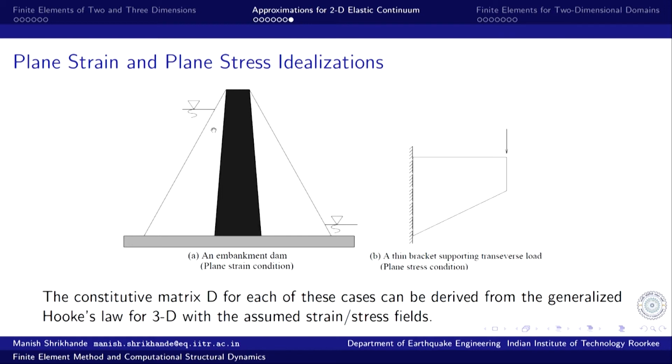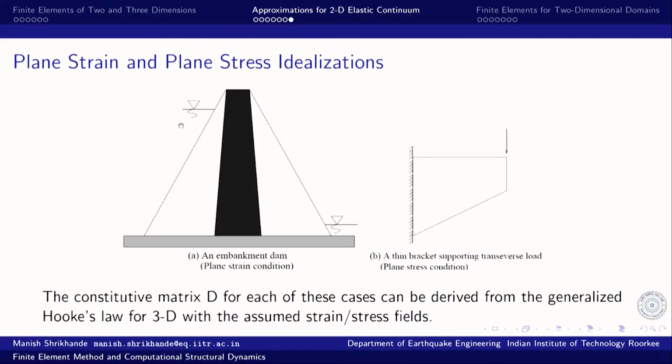So, now if you visualize this case, along the z direction it is a very long dam, right, and it is uniform, the loading is uniform, and normal to this plane, it is all embankment, and that is all restrained by the valley.